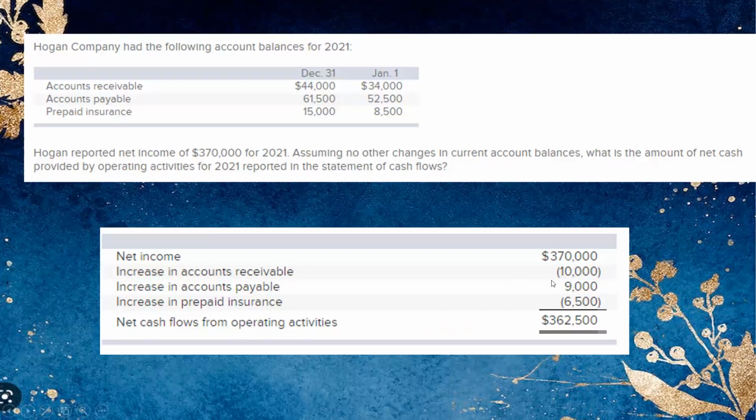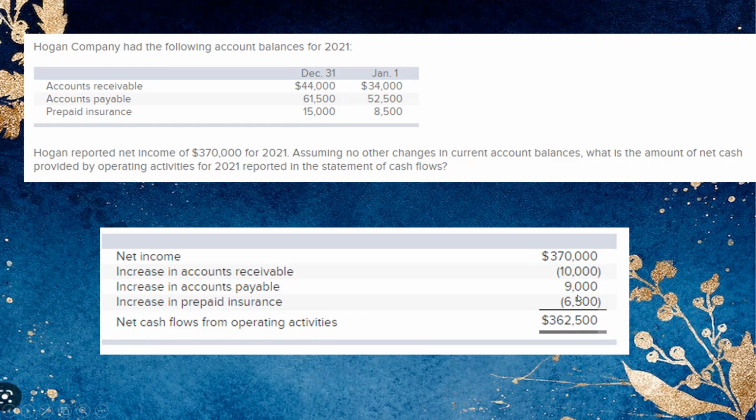So we need to add that back in because that's $9,000 in cash that we still have. We owe it. Yeah, that's not great. We're going to pay it later, but it's $9,000 in cash that we have not paid out yet that we had shown as expenses up here in net income.